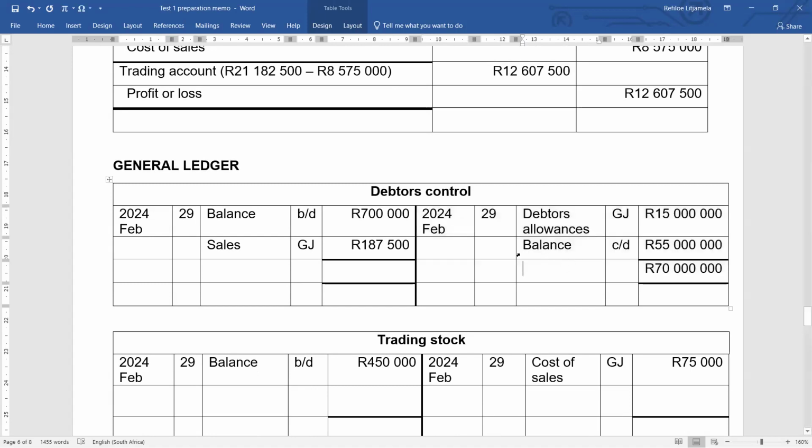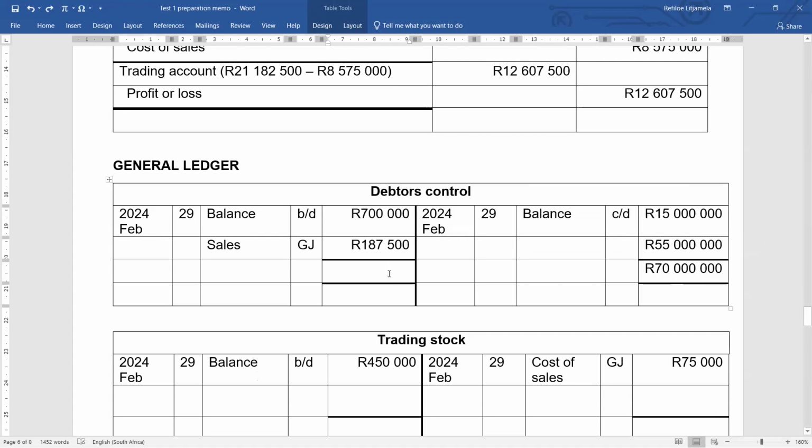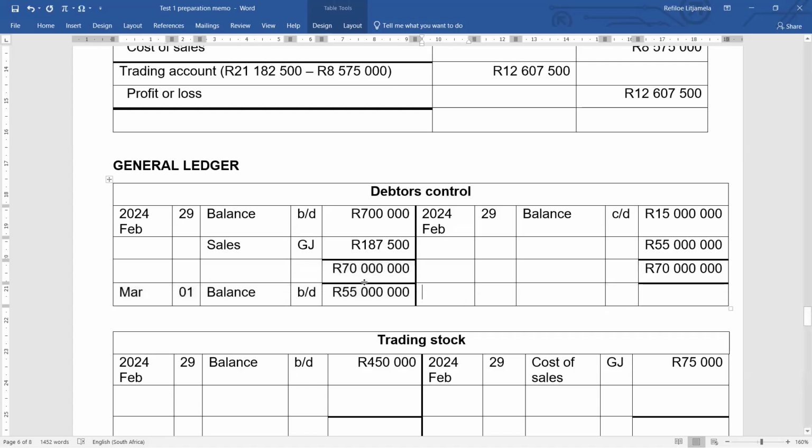When it comes to debtors control, you can actually close this one. And so for your debtors control, you will write there balance carried down, which is the sum of this. It will be 887,500.